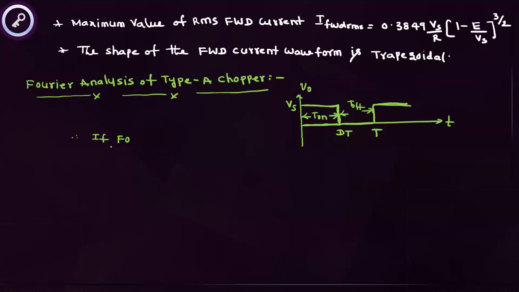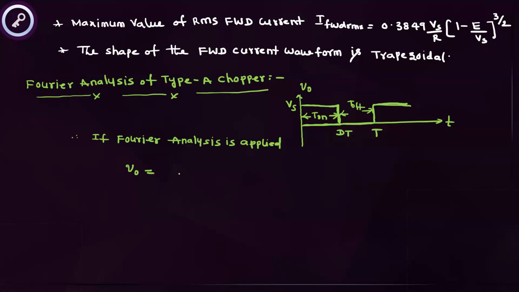You have to calculate the A naught, An and Bn values, then substitute them in the function. I am writing it directly. If Fourier analysis is applied, what is the output voltage?